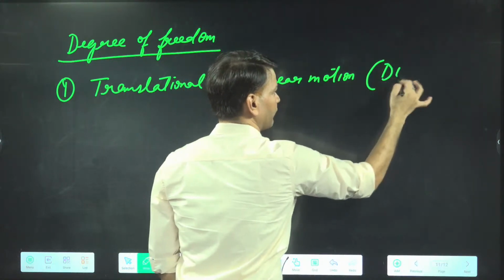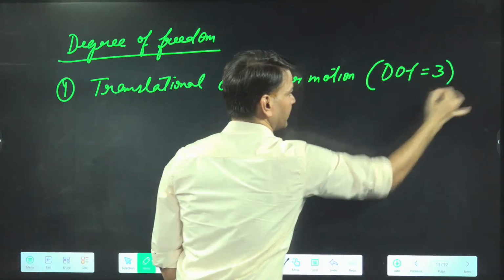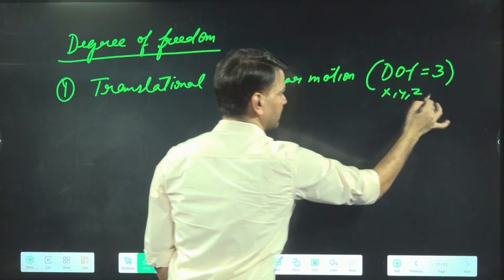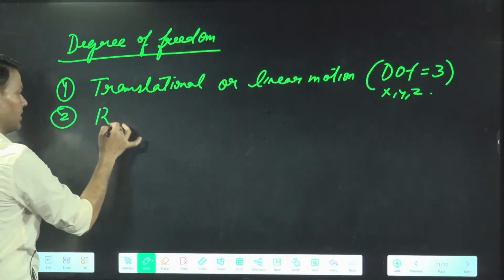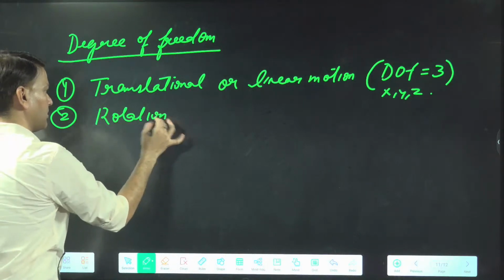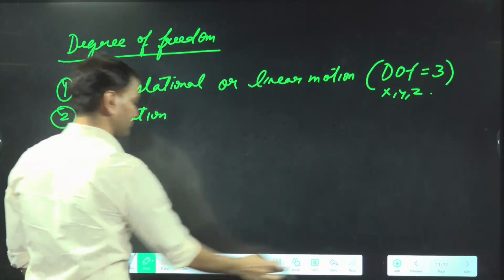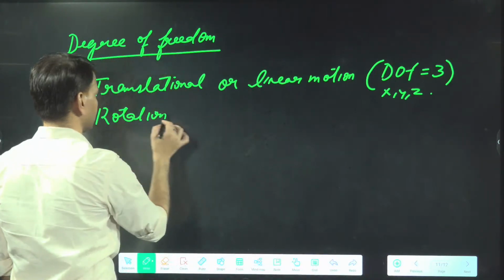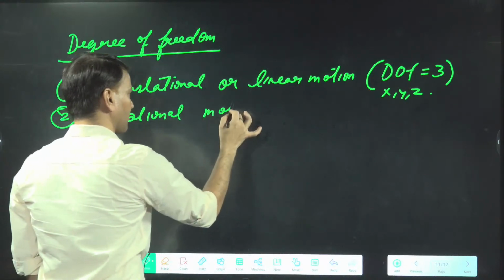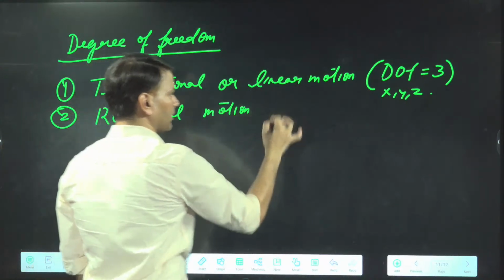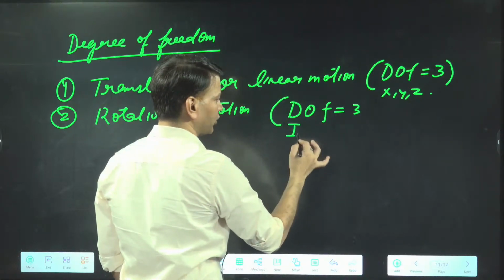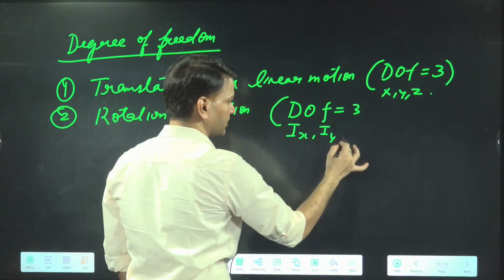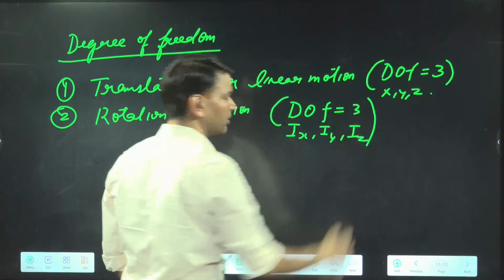Then how many degrees of freedom will you take? 3: x, y and z. Okay. Similarly for rotational, you will take degrees of freedom 3. That is the moment of inertia about the x-axis, moment of inertia about the y-axis, moment of inertia about the z-axis.